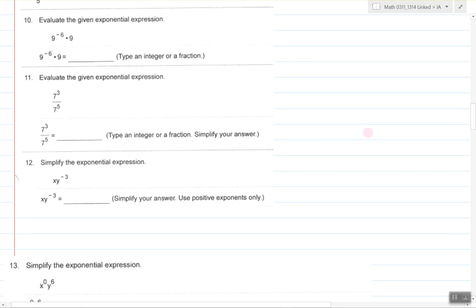So is it power rule? No. Is it product rule? Yes. The product rule says keep the base, and add the exponents. There is no exponent written here, so it is an implied 1. So the new exponent will be negative 6 plus 1, which is 9 to the negative 5. Now, as I go through the rest of the rules, there is no quotient.